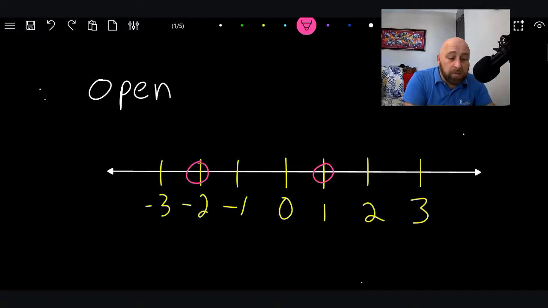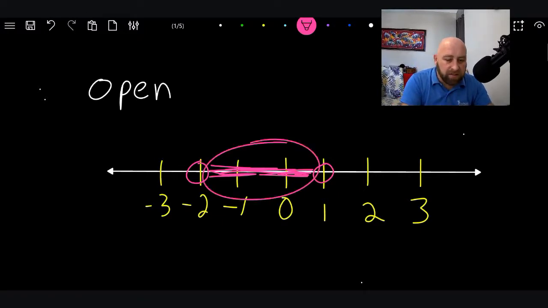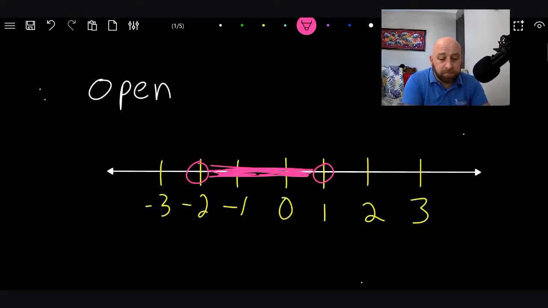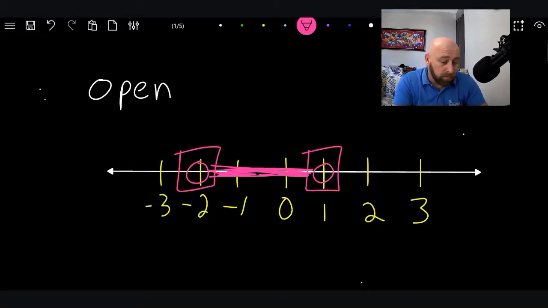And the interval is a word for the space in between. The distance right here, in between these, the interval, we would color in. Okay, and this one's called open. The reason it's called open is because these two are open, or they're not colored in, they're not closed.